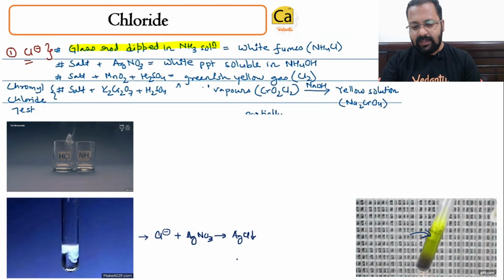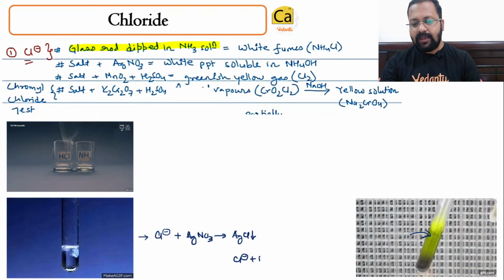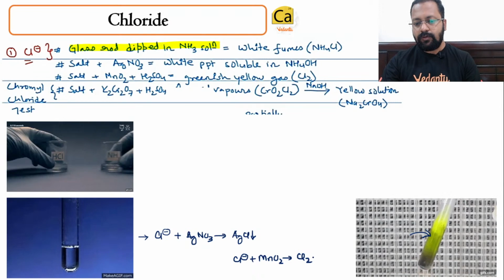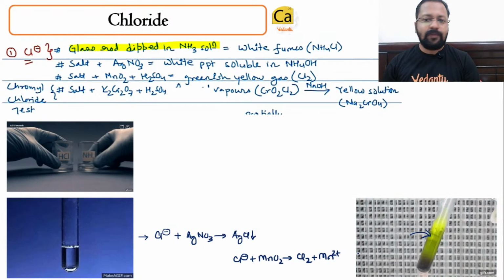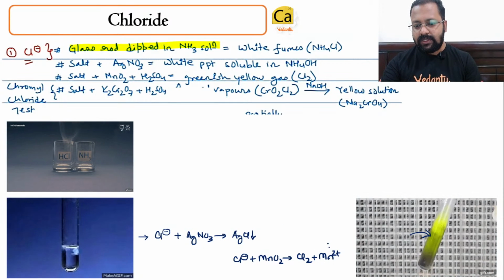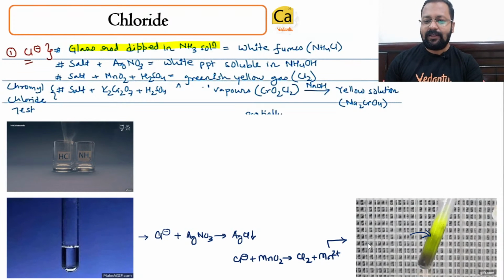So इसको हम ऐसे लिख देंगे. If there is Cl- and there is MnO2, it will change into Cl2 plus Mn2+. Okay, so this is what is happening over here. Clear? This is what is happening over here.